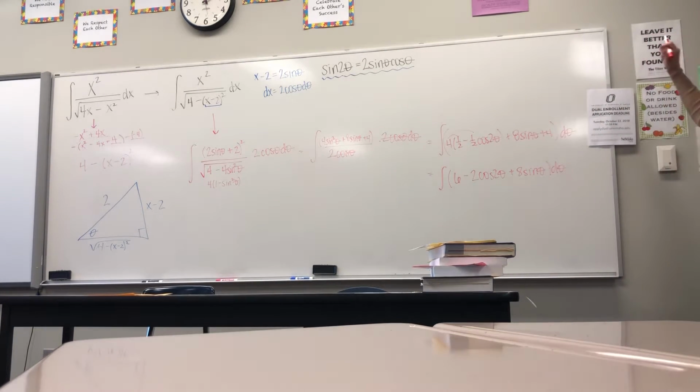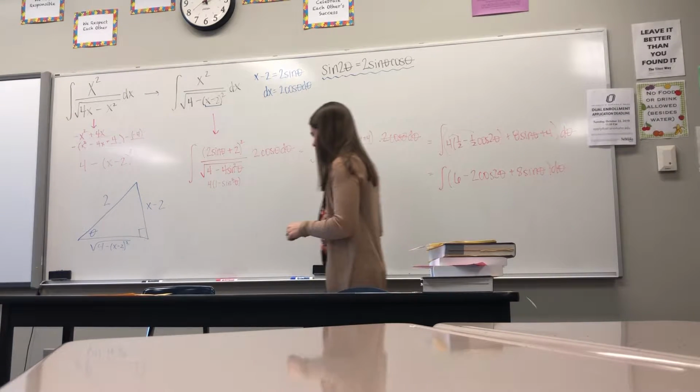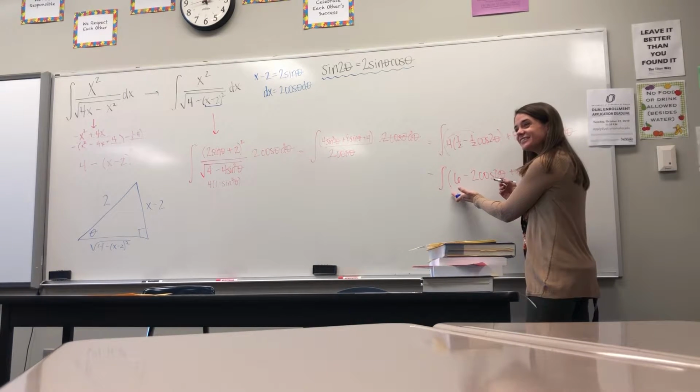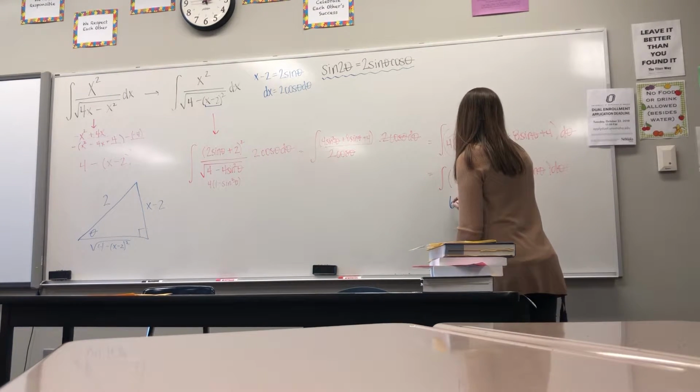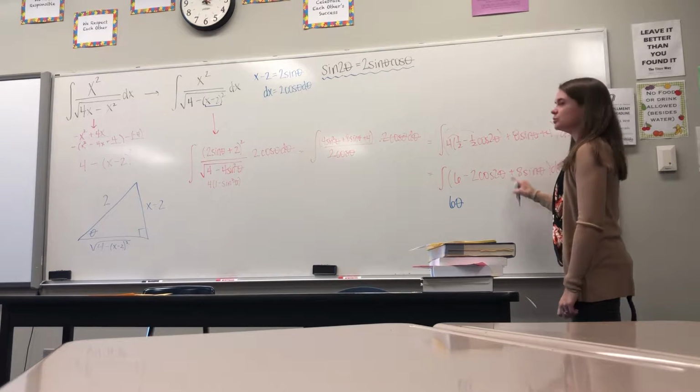Okay, now we can take the antiderivative. What's the antiderivative of 6? I got it. Minus 2 cosine of 2 theta.